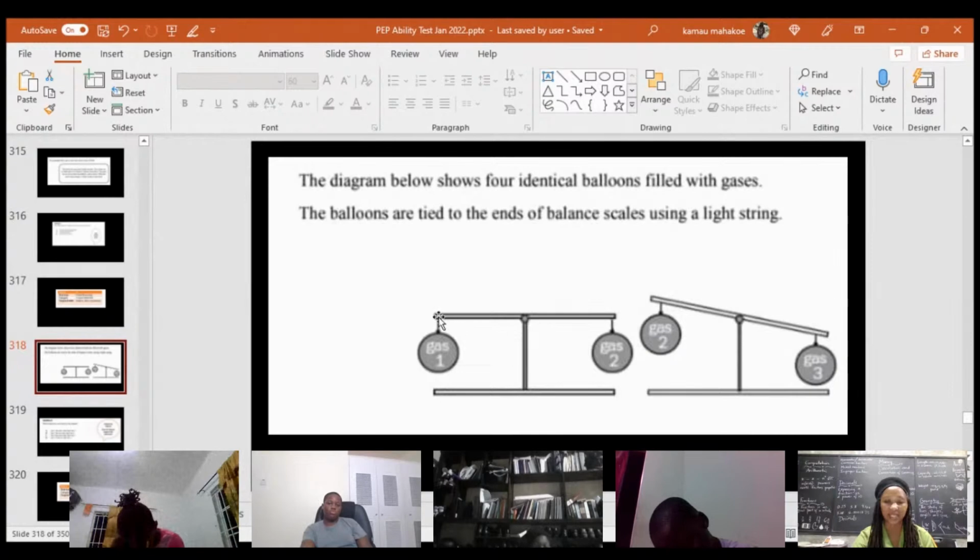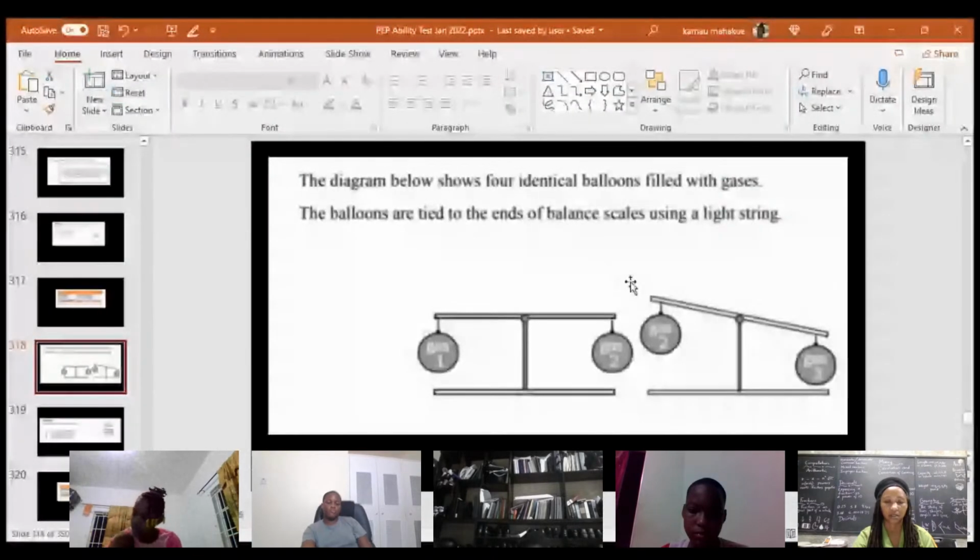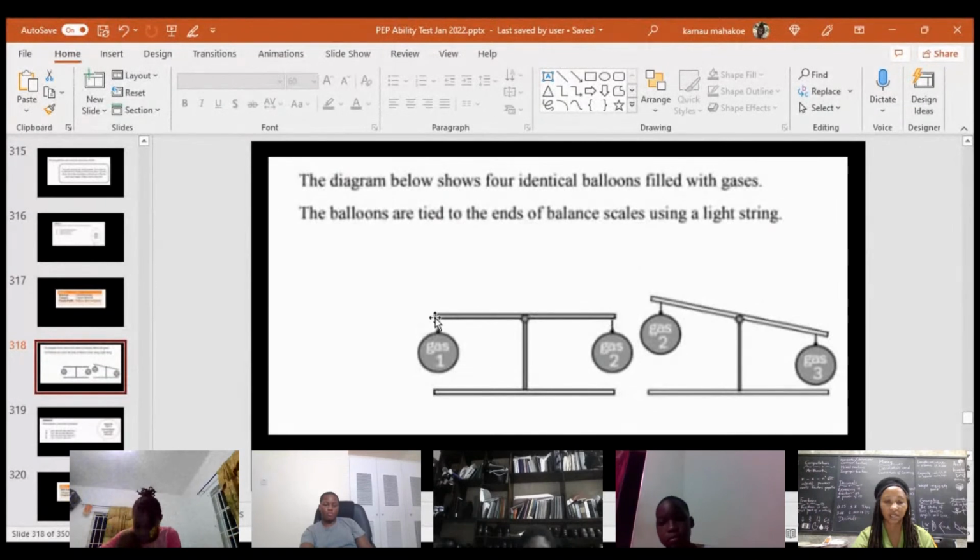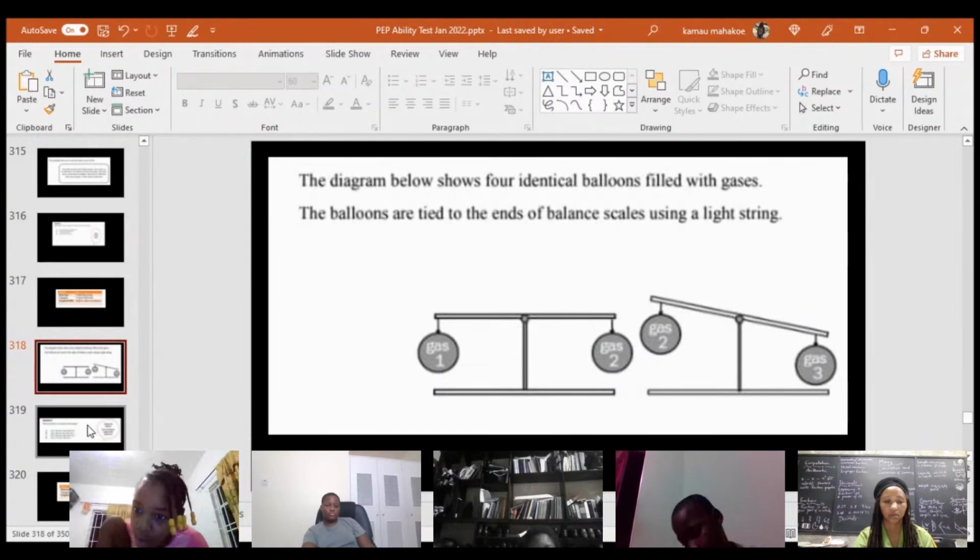If it is balanced, that means what? Miss, where it's straight across, it has equal weight. It has the same amount of gas. The weights are the same both ways.